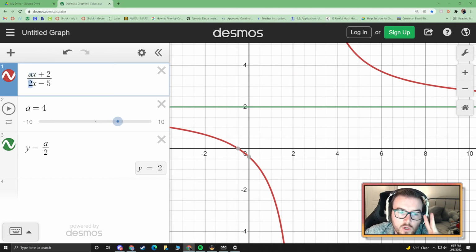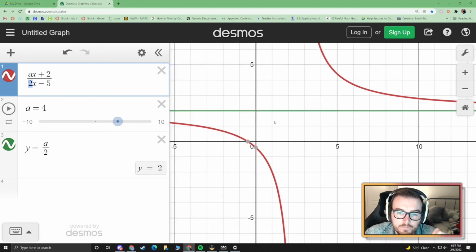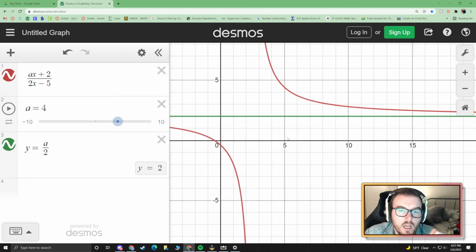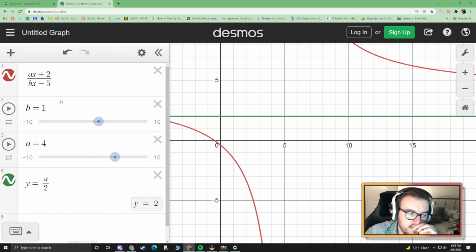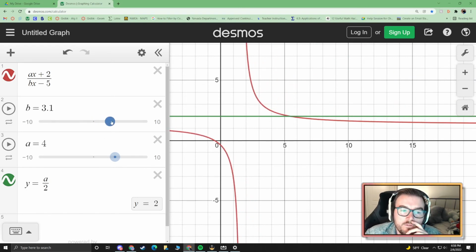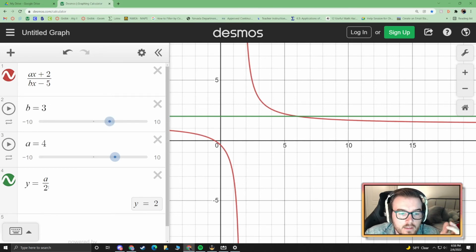What's 4 divided by 2? 2, right? You see that? It's the quotient of the coefficients. If I make this b, not to get too crazy on you, here's 4 over 3. What's 4 divided by 3? Like 1 and 1/3, right?